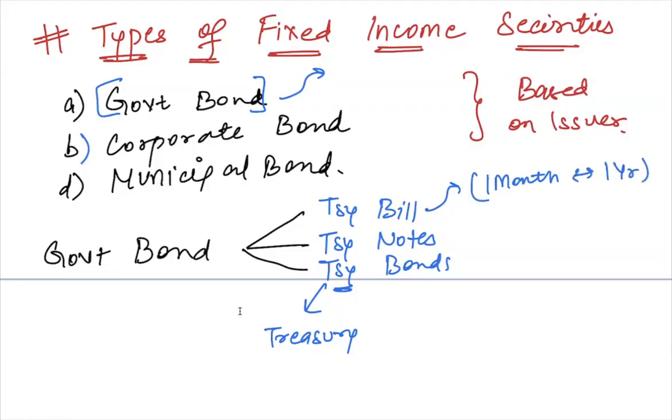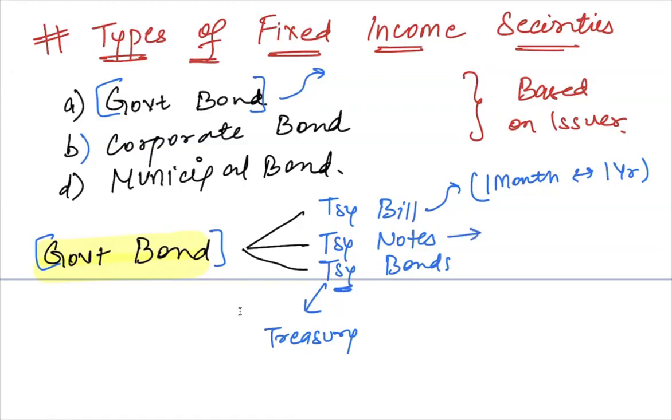If the government wants to raise some money, then the government will issue certain bonds which are known as government bonds, right? Now, depending on the type of maturity, if the maturity is between 1 month to 1 year, then they will issue a treasury bill.